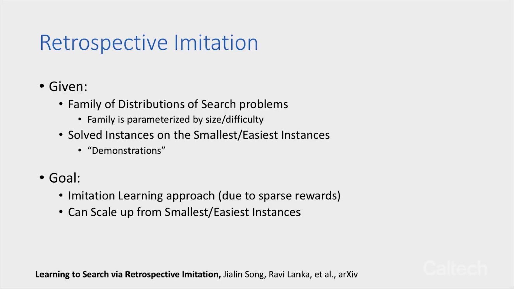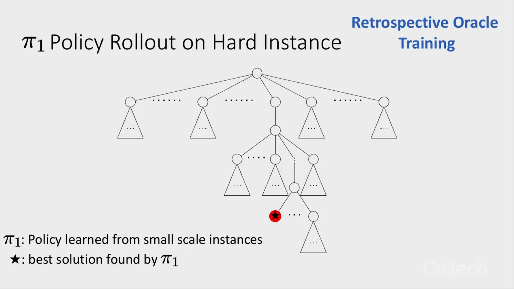Our goal is to build on existing imitation learning algorithms to be able to scale up to hard instances of path planning algorithms. Right, so here is a high-level simulation of our algorithm.